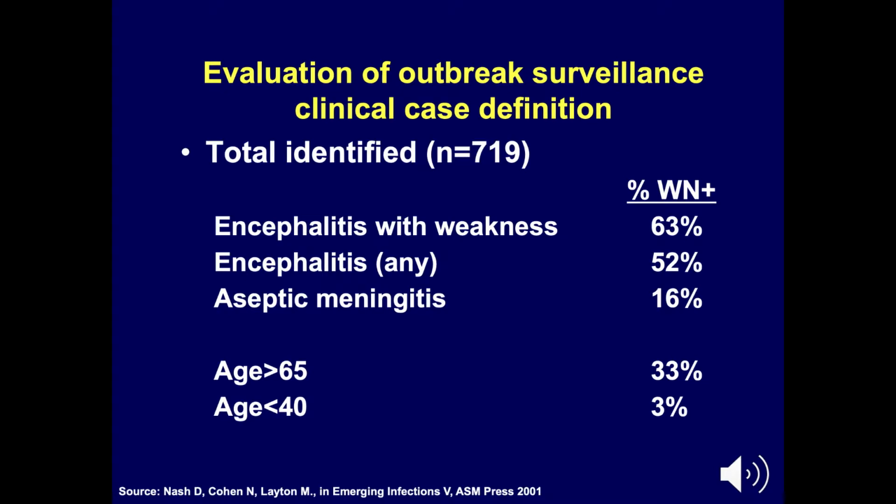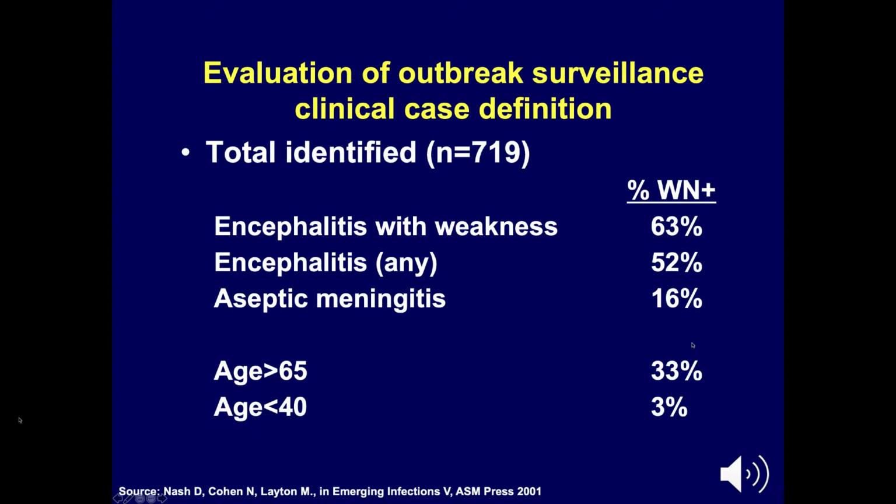And so we had the opportunity to look at different aspects of our case definition to see where we were getting more or less yield. And what we found was that if we focused more on the encephalitis cases, we'd have a higher hit rate, a higher positivity rate than we did just for those cases that had meningitis. And in the lower part of the table, you can also see that focusing on younger persons that met our case definition really didn't have a high positivity rate, but older persons did.